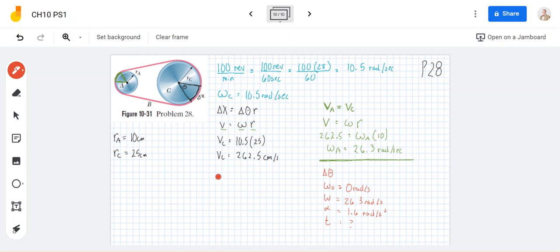No problem. Use our standard kinematic equation. Got 16.4 seconds. That's it.